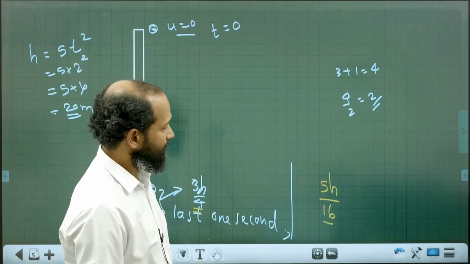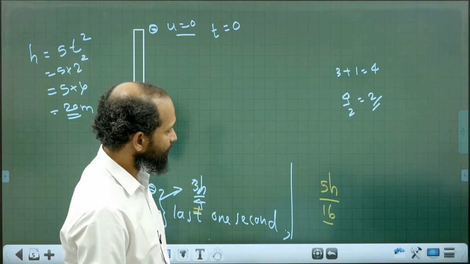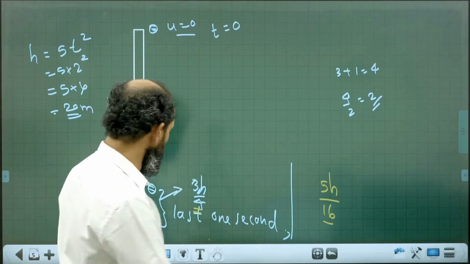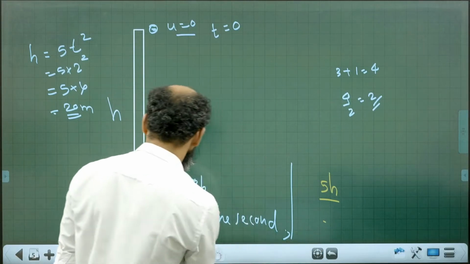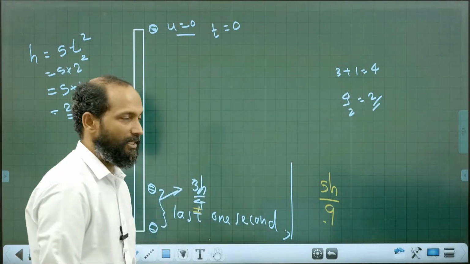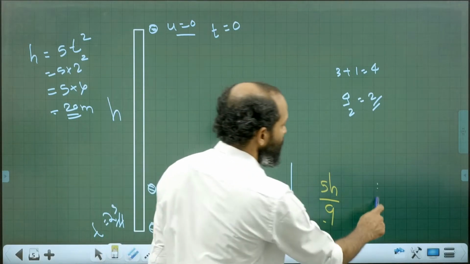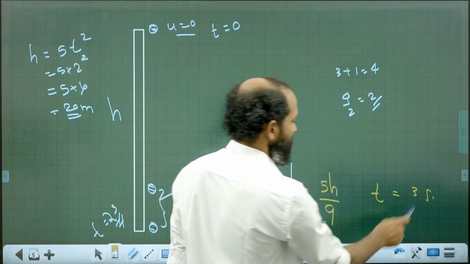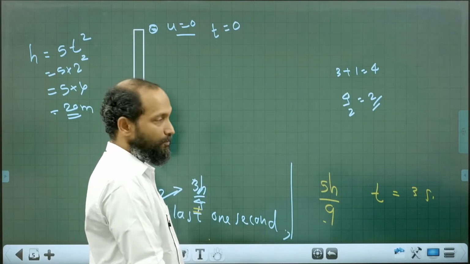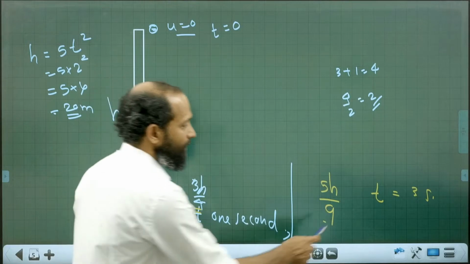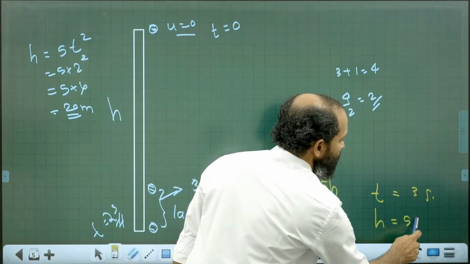Then it should not be 6, right? It should be 9, right? It should be 9. Next one. Made a mistake. Okay, now it's correct. 9. What is the square root of 9? 3. So what is the time for fall? 3 seconds. So 5 plus 1, 6. 6 by 2, 3. Right. 5h by 9 is the next possibility. So what is the height? 5 into 9, 45.